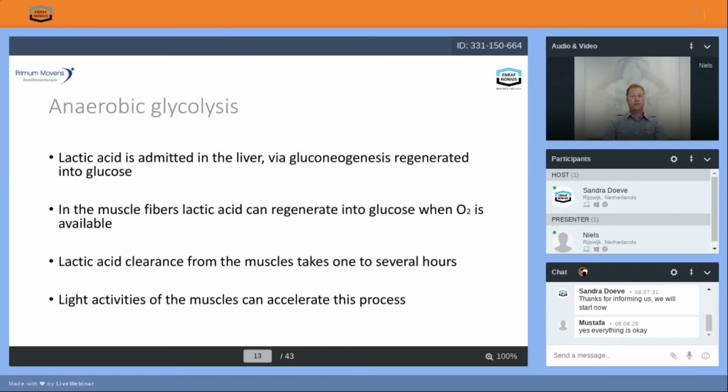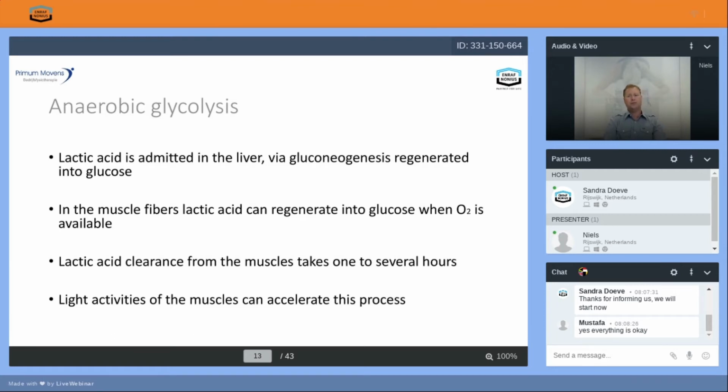And in the liver, there's a lot of glucose, sugar stored, and that will be available for future activity. In the muscle fibers itself, the lactic acid can regenerate into glucose again when oxygen is available. The chemical process takes place then within the muscle cell itself and in the fibers.